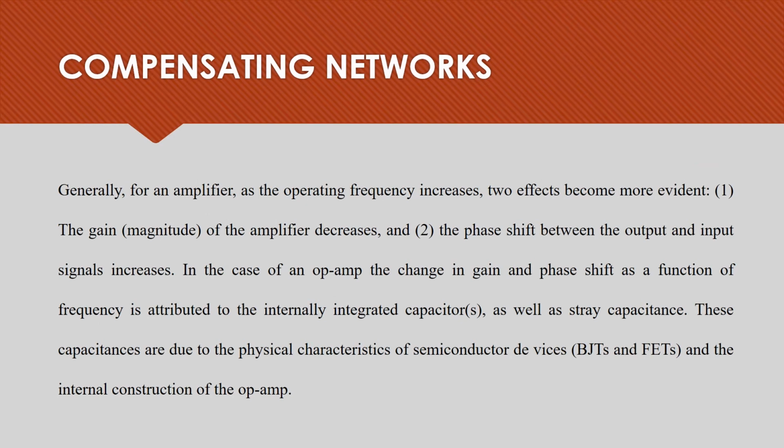So, compensating networks. Generally for an amplifier, as the operating frequency increases, two effects become more evident. The first one is the gain magnitude of the amplifier decreases and the phase shift between output and input signal increases.